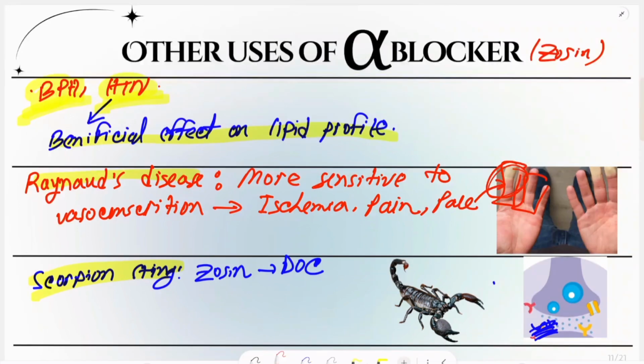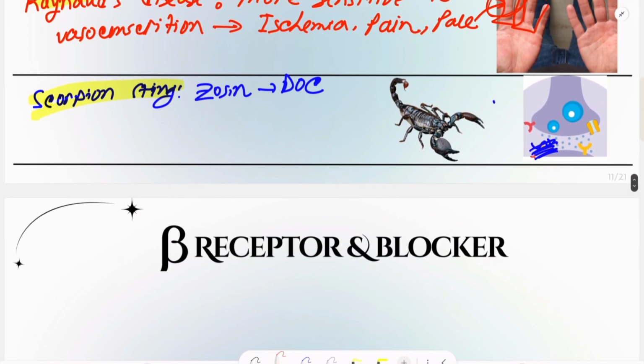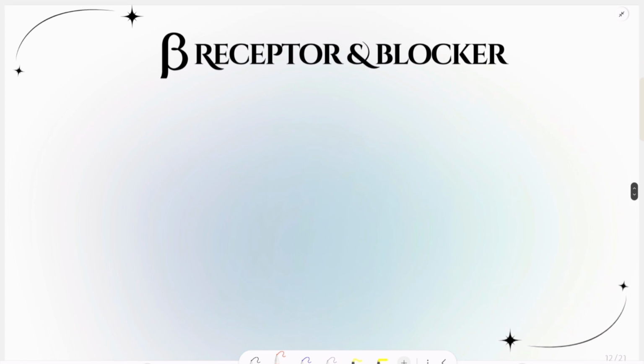Now, after finishing the alpha blockers, we will move to beta blockers. From our previous video, we know that we have mainly two types of beta receptor. One is beta 1 receptor and the second one is beta 2 receptor. So, beta blockers may be of three types.